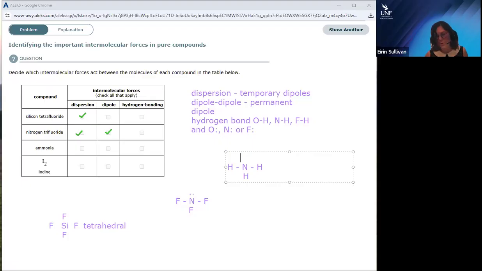So they have a tetrahedral parent shape, but the lone pair counts towards the molecular shape, and then we don't name it as a tetrahedral shape, we only name the bonds. So that would be trigonal pyramidal, just like a triangular-base pyramid. Ammonia, of course, has an NH bond, so that is a hydrogen bonding dipole-dipole interaction, because hydrogen bonding is a dipole-dipole interaction, and dispersion.